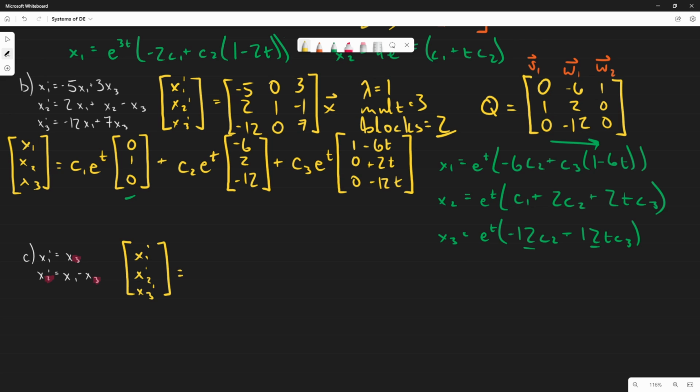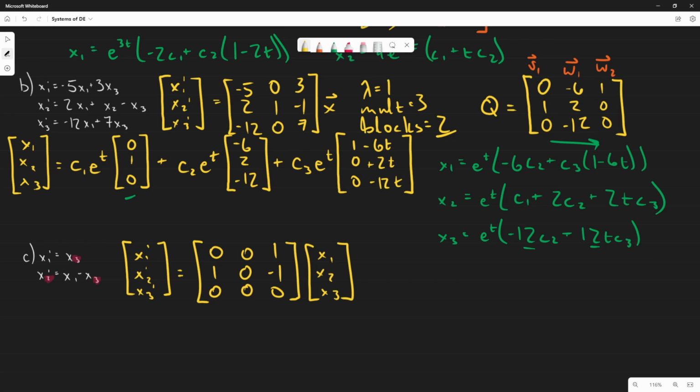And then that is equaling to, where here we only have x3, so this would be 0, and this would be 0, and then our x3, and then this would be 1, 0, then -1. And then our last one, there's no x3 prime, so that'll be 0, then multiplied by x1, x2, then x3.